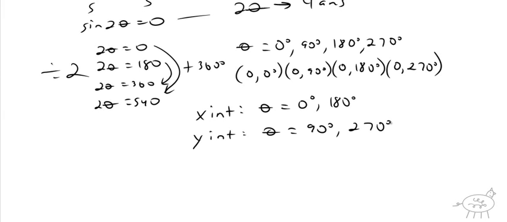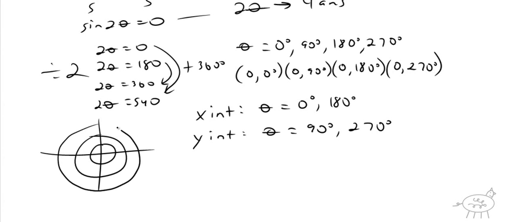So really what I want you guys to understand as well is that if I just make a quick polar graph here, and I ask you this point, I'll put it in red. If I ask you this point right here, is that hitting the pole? Is it hitting an x-intercept, or is it a y-intercept? I want you to understand it's all three. Okay, and a pole. So really, when it hits the pole, that's an x-intercept or a y-intercept.